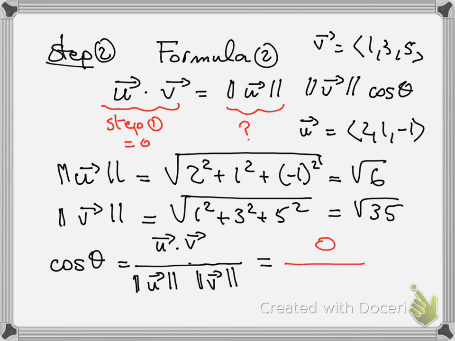So this is 0 over the length of U, square root of 6, times the length of V, square root of 35. So that's 0 over the square root of 6 times 35, that will be 210. Okay, so that's equal, of course, to 0.